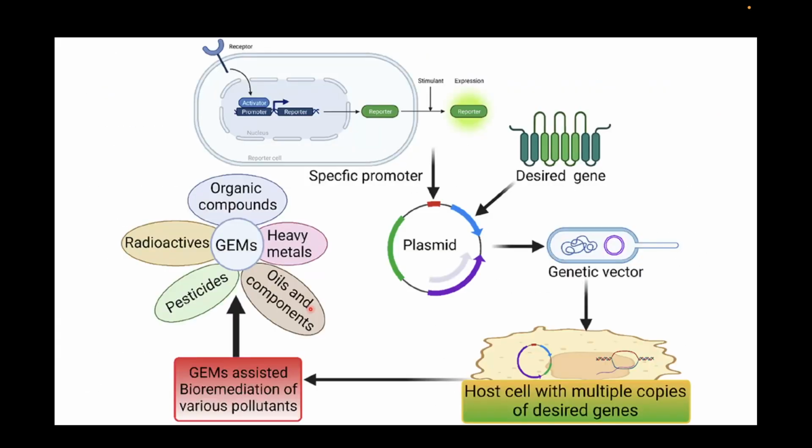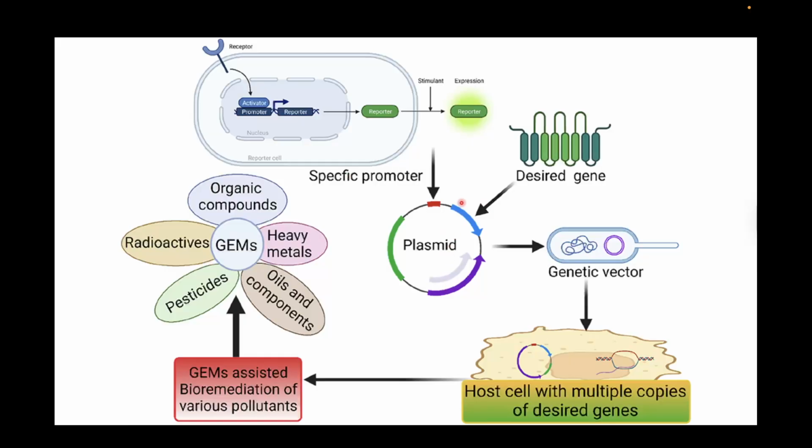So, here is an example of genetic engineering in which genetic engineering can be used to degrade organic compounds, heavy metals, oil components, pesticides and radioactives. A specific promoter reporter is cloned into a plasmid for a desired gene, which is a genetic vector.